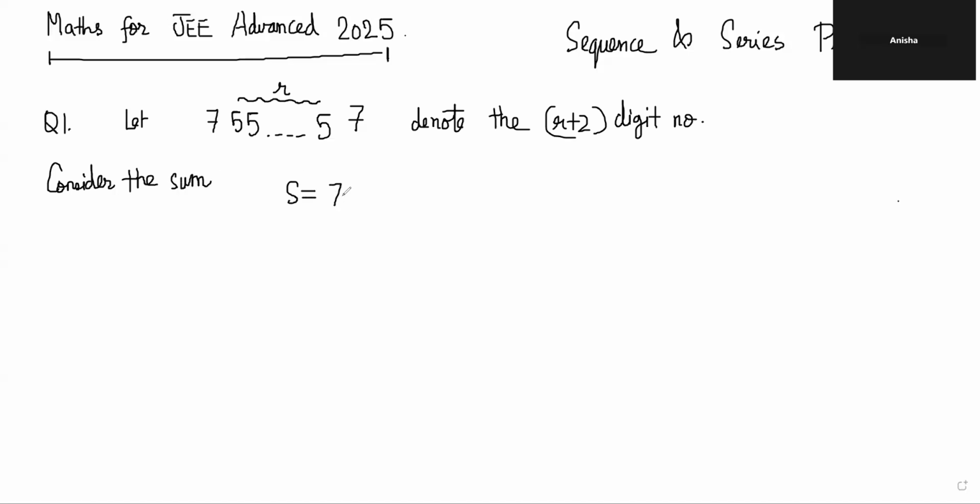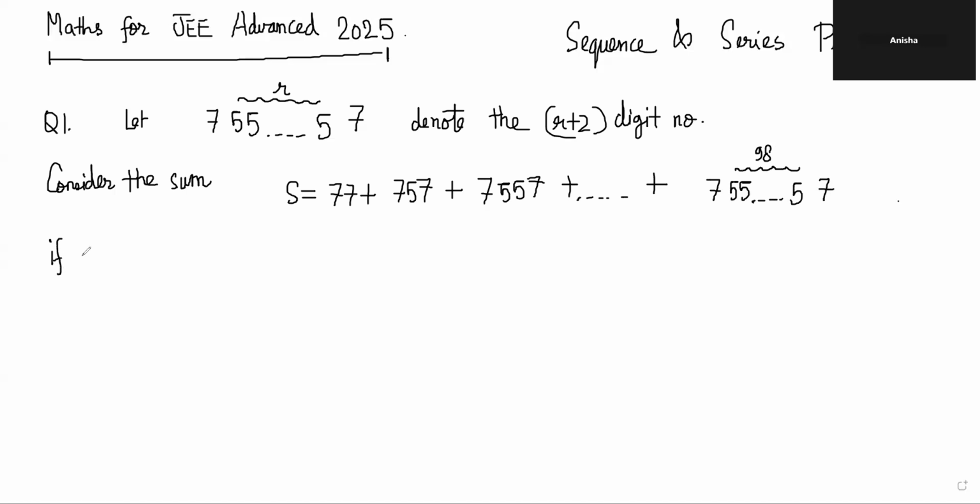S is equal to 77 plus 757 plus 7557, and so on till 7 5...5 7, where there are 98 fives in the last term.